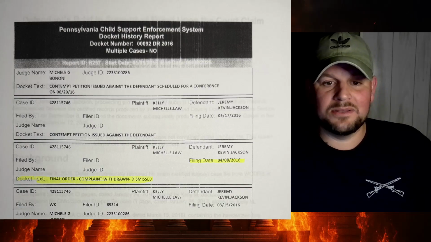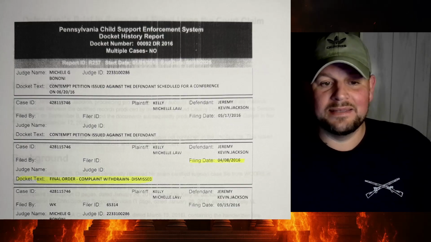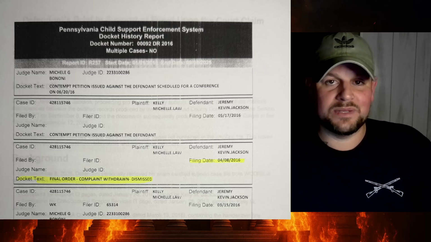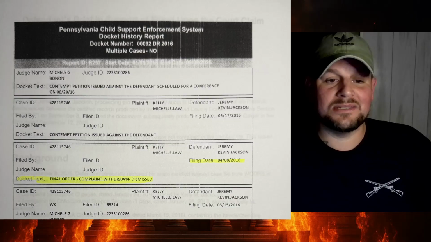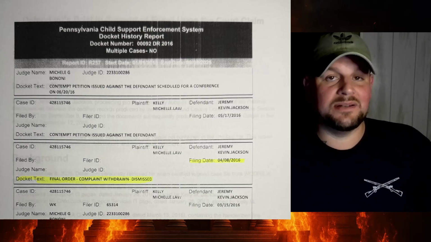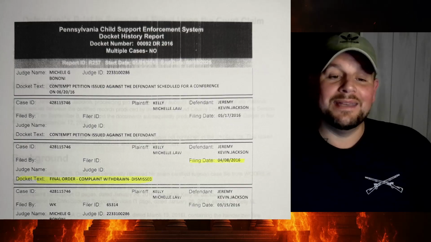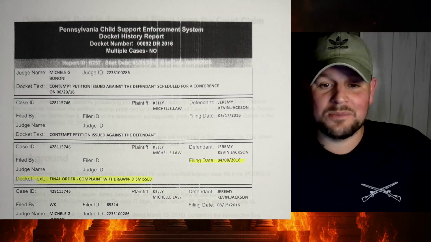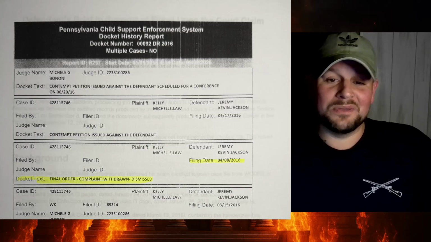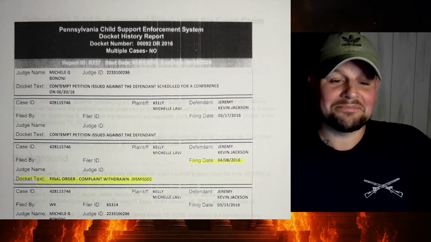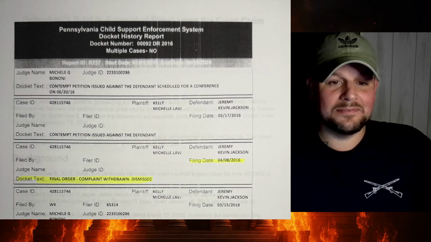Look at it. The third entry down, it's highlighted. What does that say? Final order, the complaint. Again, which is a child support complaint. That's what they call it. It's not a Title IV-D application. It is a generic child support complaint. And it has been withdrawn and dismissed back in April 2016, guys. There you have it, right there. That's evidence.